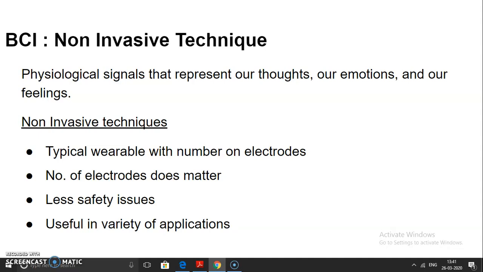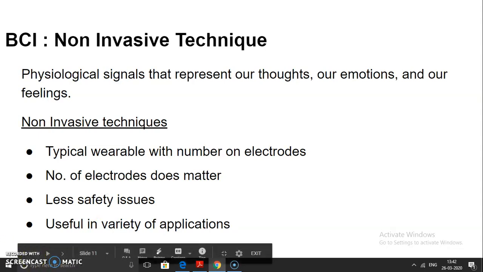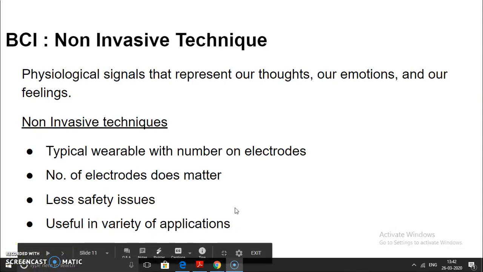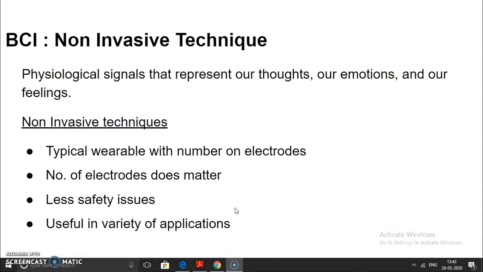The non-invasive technique does not belong to that category so much. In the non-invasive technique, we can use a wearable device. That wearable device can have some electrodes which we can put over our head. Those electrodes will be able to capture EEG signals, and we can use those EEG signals for our particular purpose.